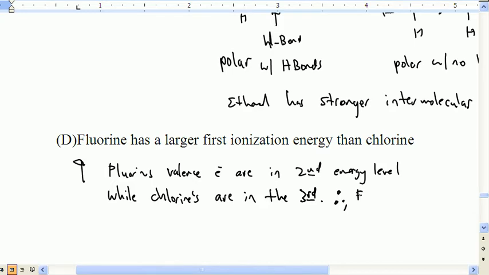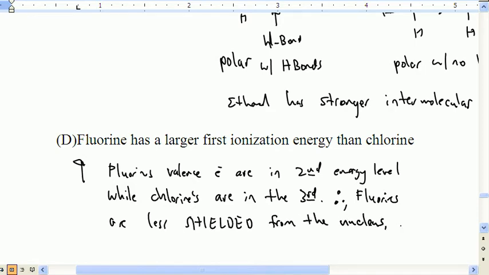Therefore, fluorine's are less shielded from the nucleus, making the ionization energy larger. Yay.